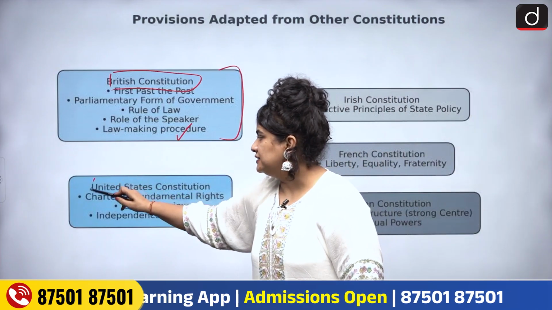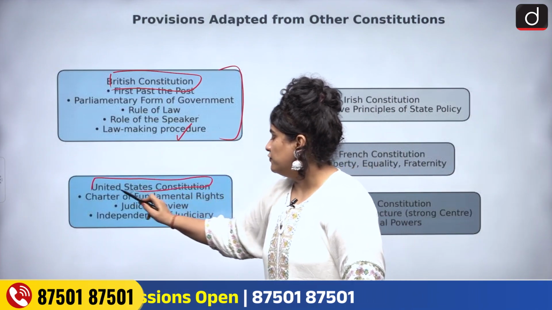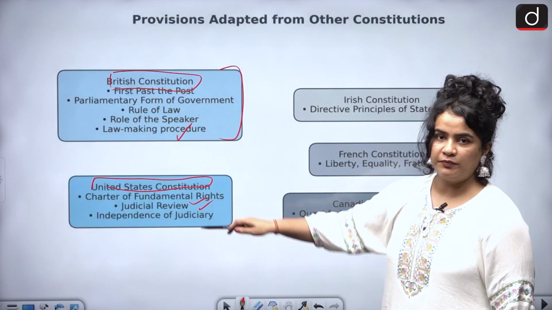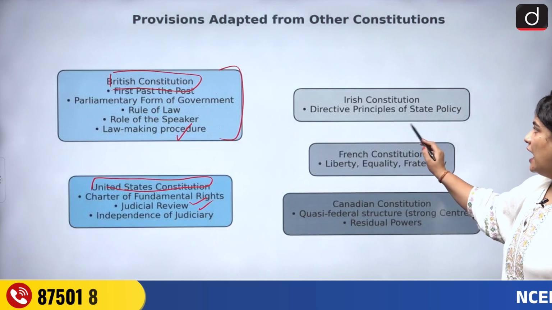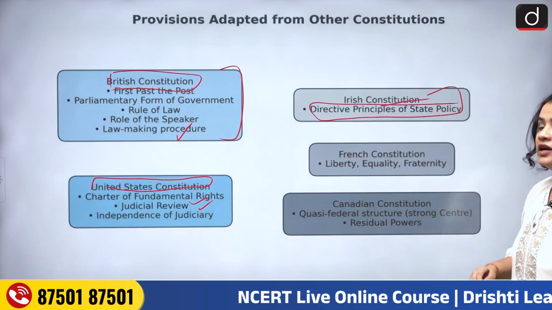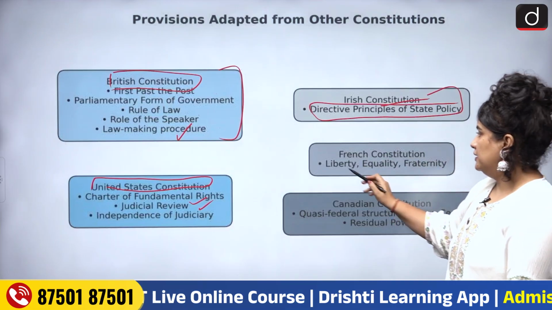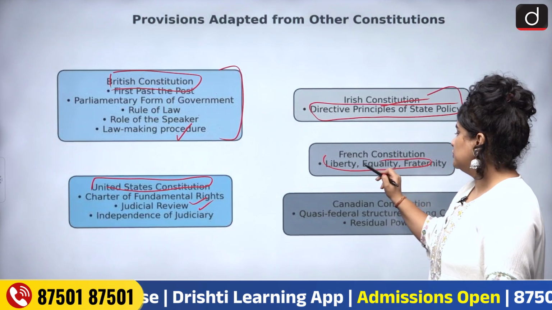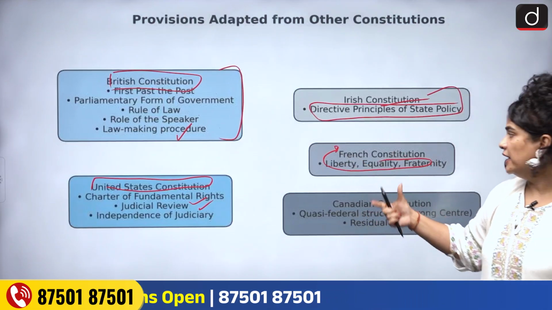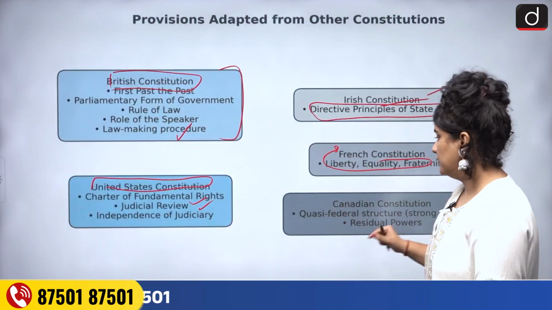Talking about the United States Constitution, the fundamental rights, judicial review and the independence of judiciary have been borrowed from here. The Irish Constitution has loaned to us the directive principles of state policy. The ideas of liberty, equality and fraternity have been borrowed from the French Constitution. Think about the French Revolution.